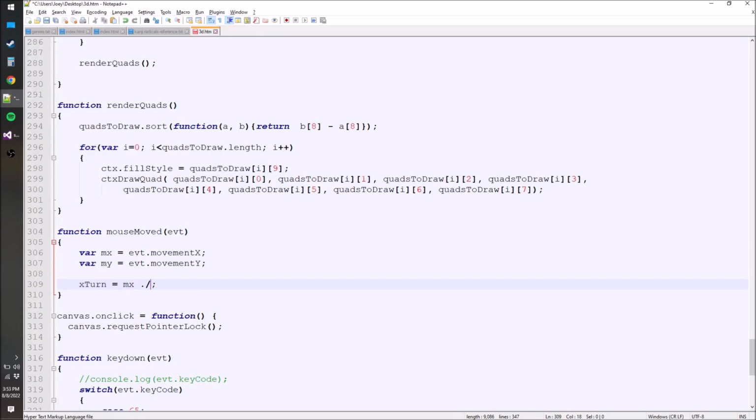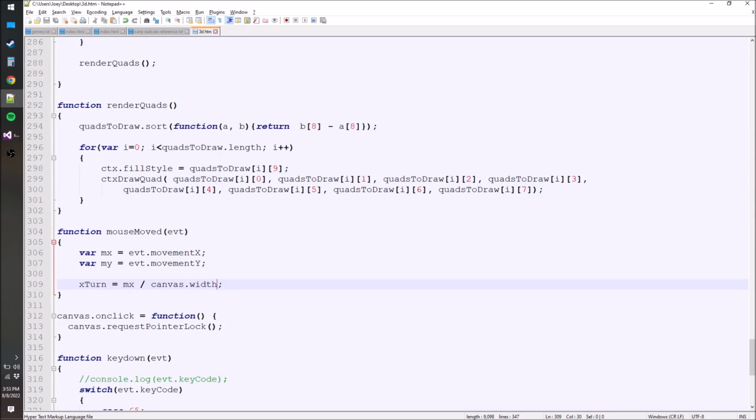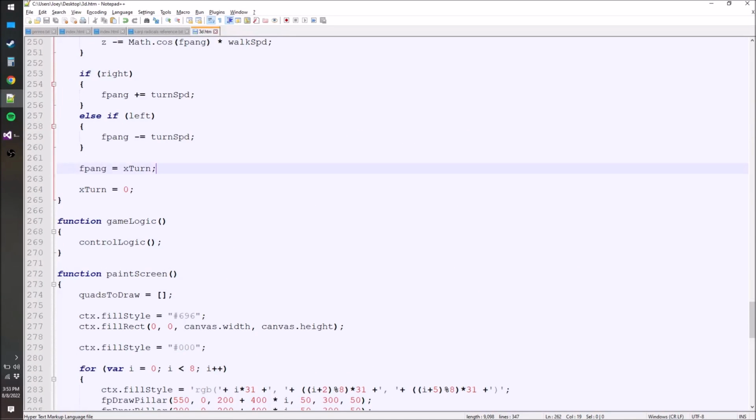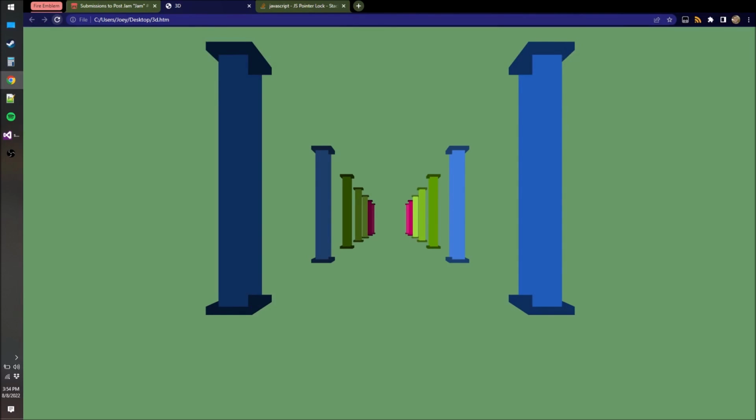Okay, let's divide this by canvas dot width. Oh, you know what the problem is? We're adding X turn when we really should be plus-equaling it to the angle instead of setting it equal to it.